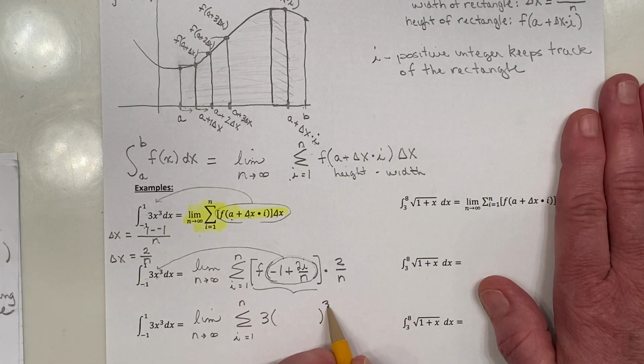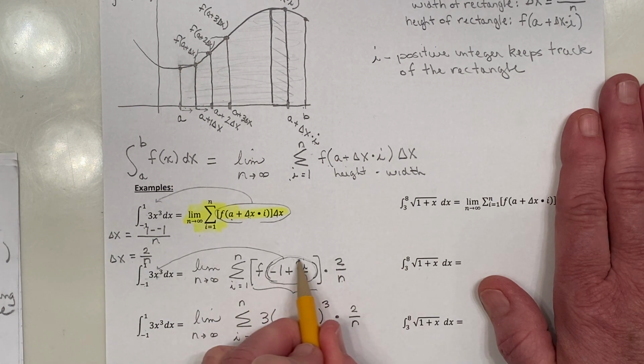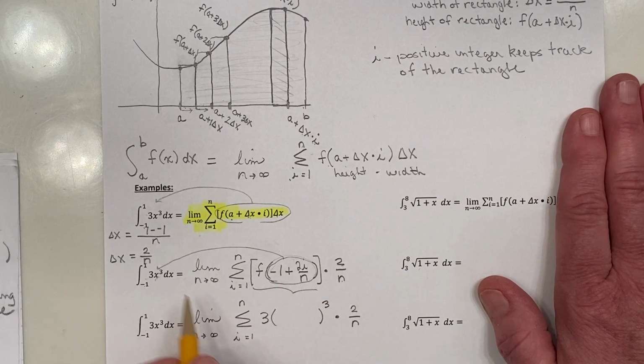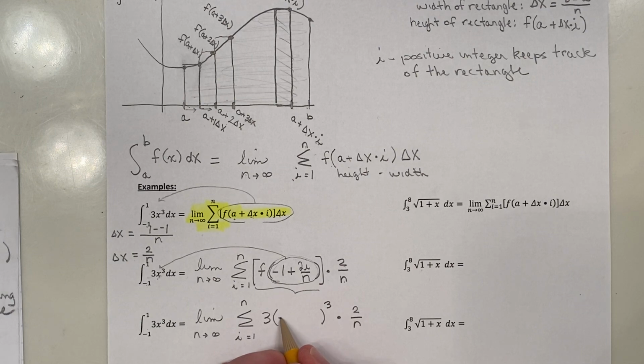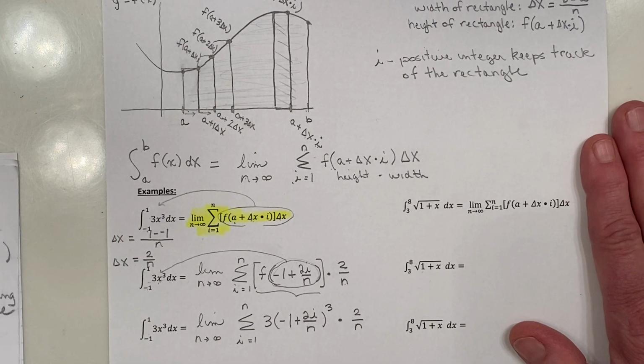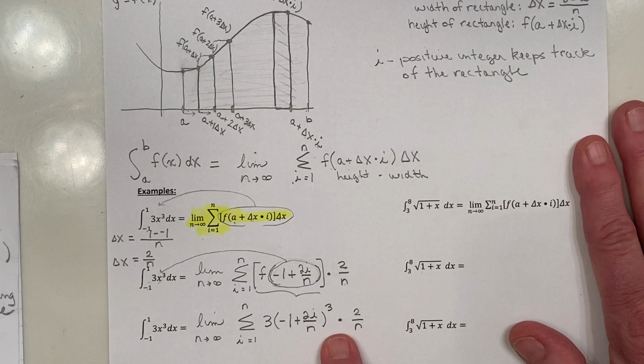Go back and put the 3 on here. The dx transcends to 2 over n, so this is times 2 over n. So the only thing that's going to change is we're going to insert this input value in for the x in the integrand. So here I'm going to put -1 plus 2i over n. And that's it. This limit of a Riemann sum represents that definite integral.